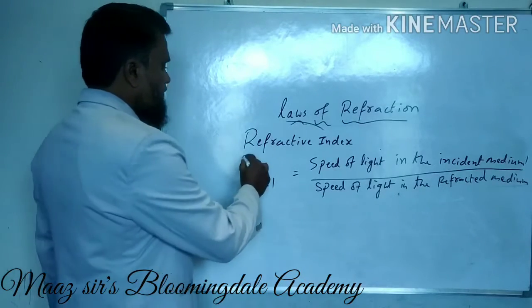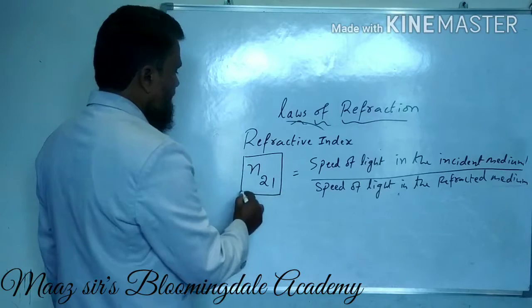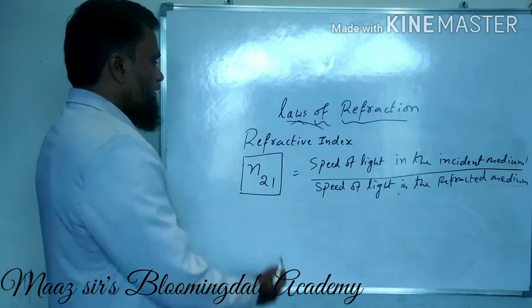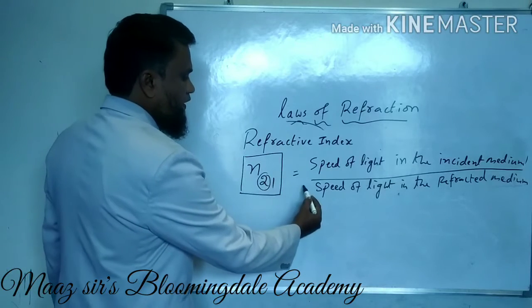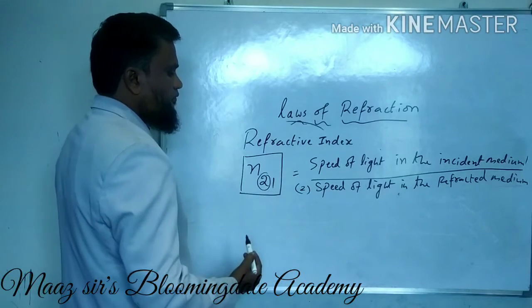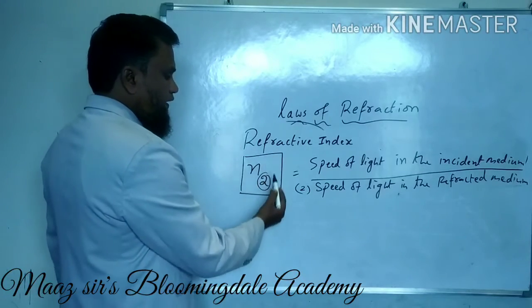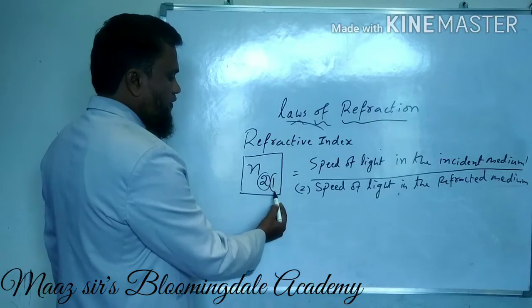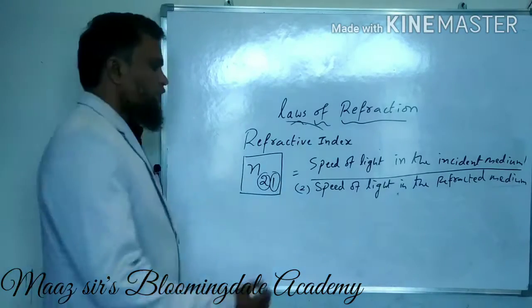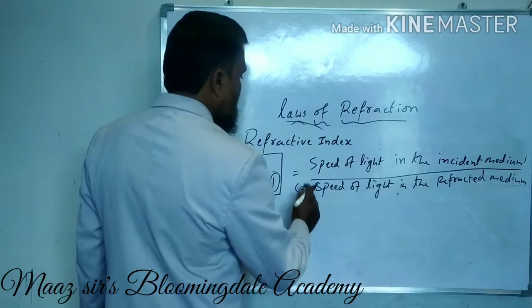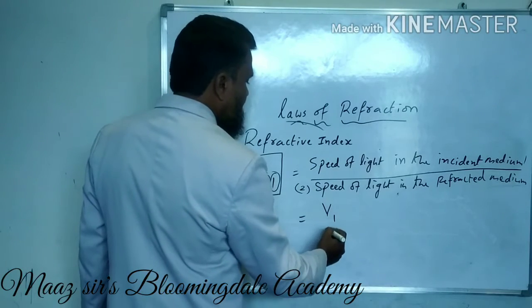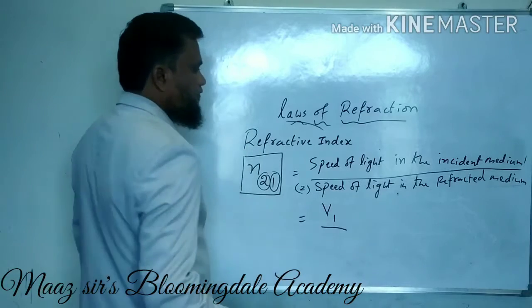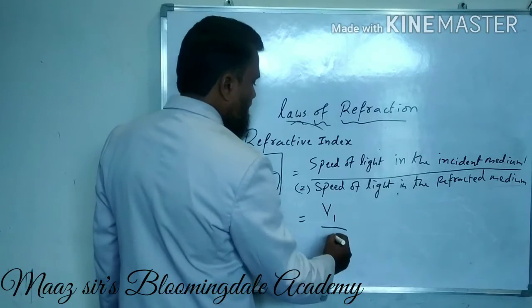It is also given by n21. How do you read this? n21 is read as the refractive index of the second medium with respect to the first medium. It can also be written as the speed of light in the first medium, V1, divided by the speed of light in the refracted medium, the second medium, V2.